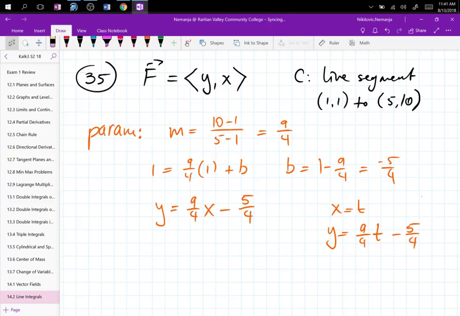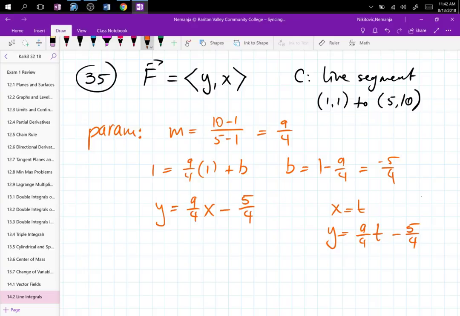That's the fastest way to do parametrization. Is it the best way? Obviously not, right? What would be the better way? Well, maybe if you have t over 4, right?